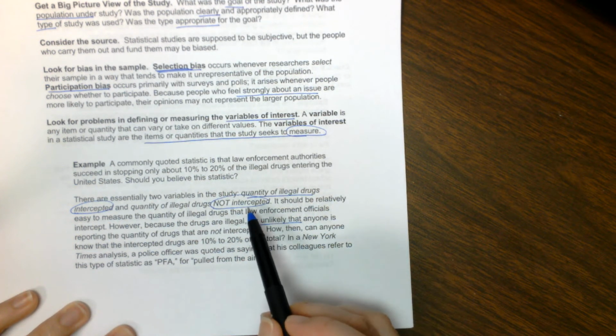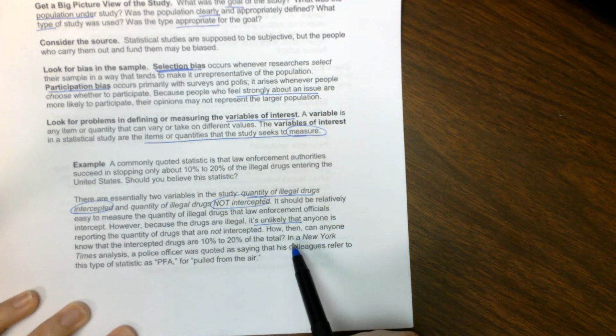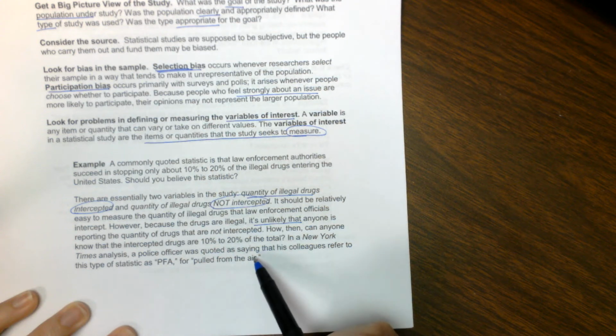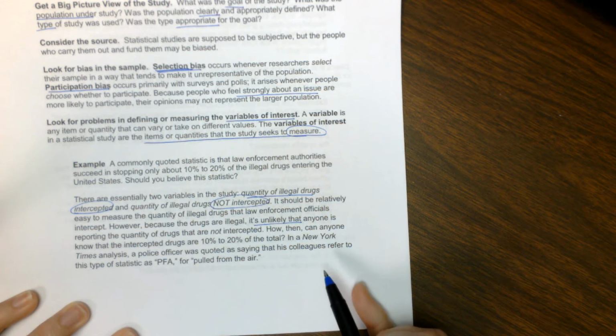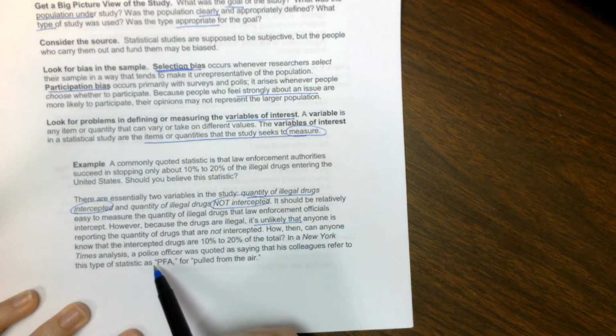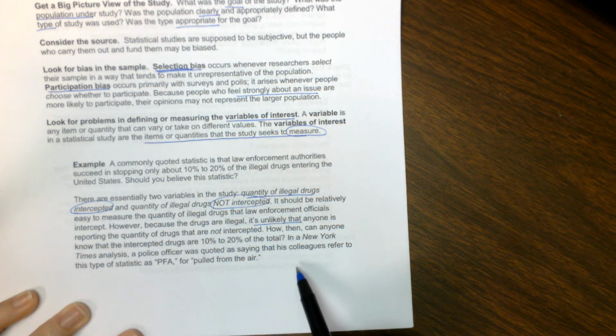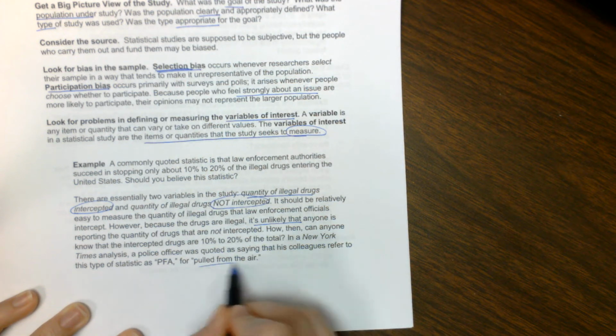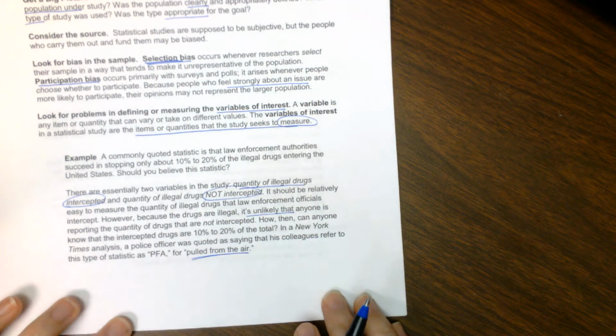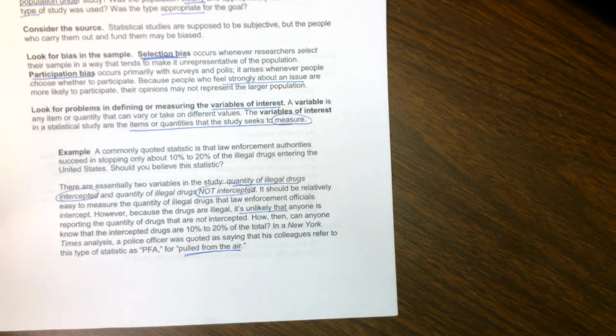If you don't know the number of drugs that are not intercepted, you can't actually get that 10 to 20% statistic. In a New York Times analysis, a police officer is quoted as saying that his colleagues refer to this type of statistic as PFA, or pulled from the air. It's just a made-up statistic that they may have guesstimated based on just their viewpoints, but it's not based on anything concrete.